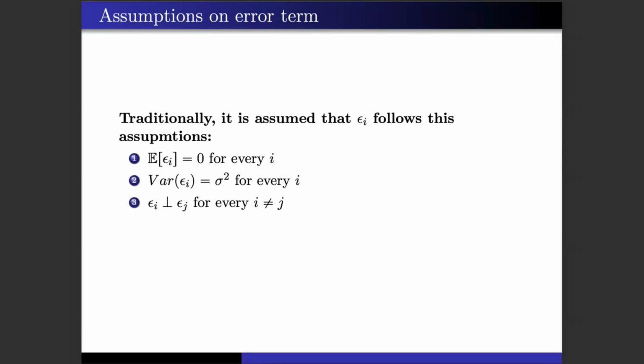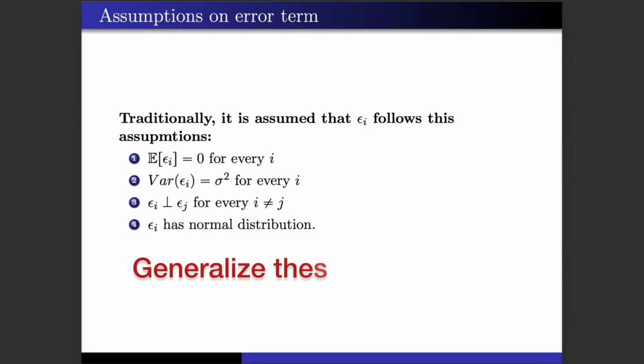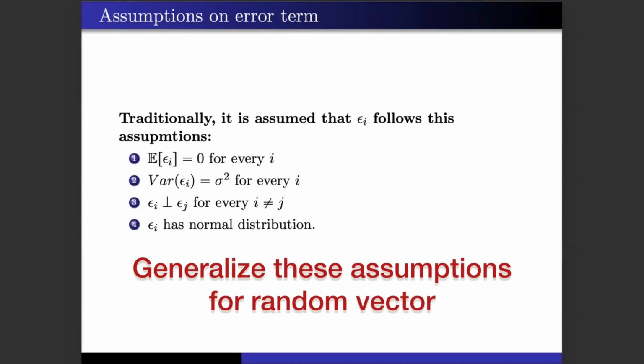The third assumption is that all epsilon i are independent and identically distributed, and the distribution they follow is a normal distribution. These are the assumptions we made on the single error term, the random variable epsilon i. In this video, we are going to generalize these assumptions for the random vector error term.